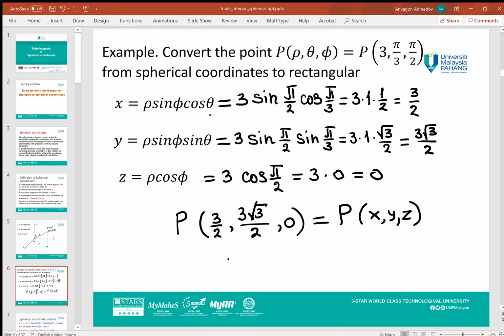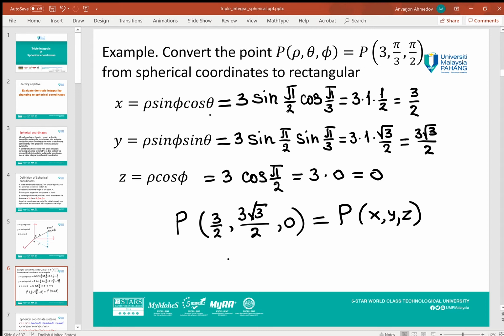Example: convert the point P with the spherical coordinates 3, pi over 3, pi over 2 to rectangular coordinates. Here rho is 3, theta is pi over 3, and phi is pi over 2.